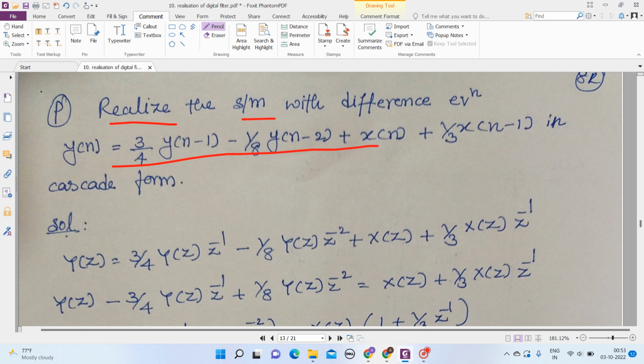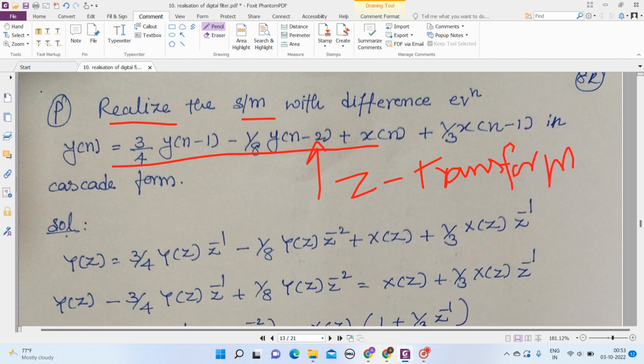This is a difference equation, so this is a discrete time system. In order to convert a discrete time equation from the time domain to the frequency domain, you have to use the Z transform. You know very well, you have studied it in your signals and systems, right?